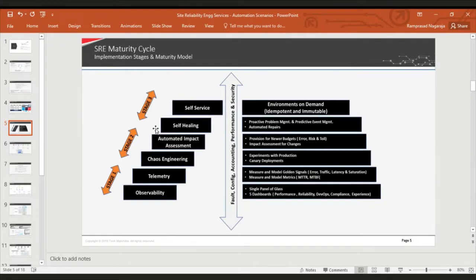Then you move to the final stage where you start looking at automation, analysis of issues, and then, of course, automated repairs, and then eventually also build in capabilities of self-healing by bringing in tools in terms of artificial intelligence platform.